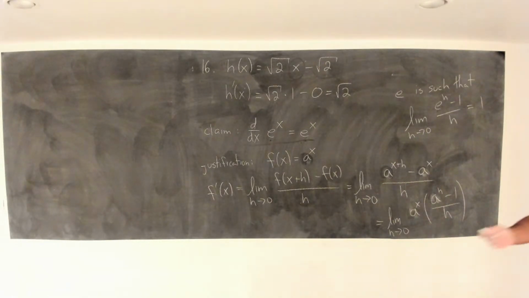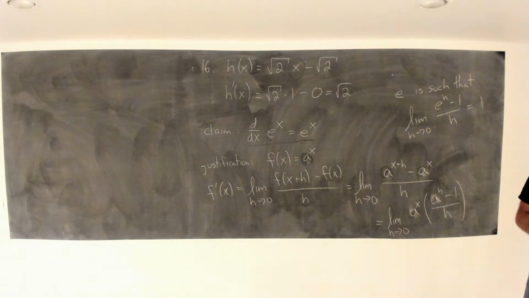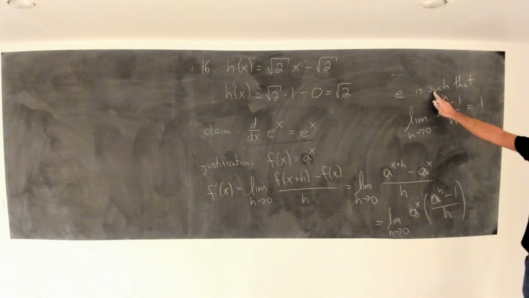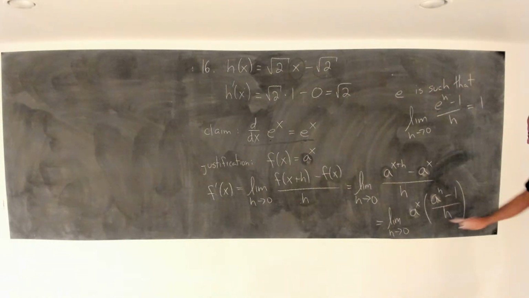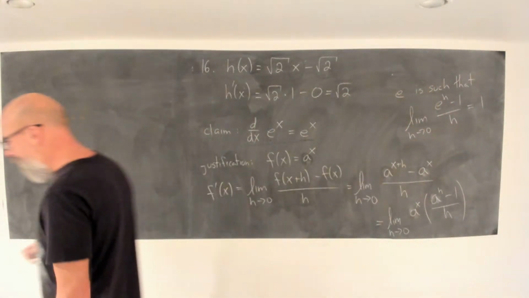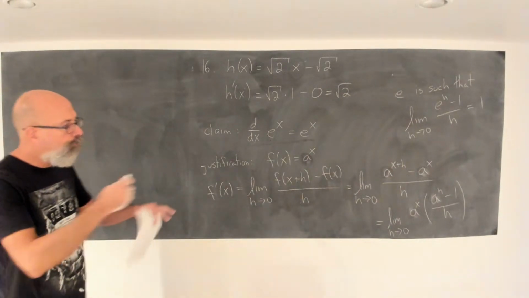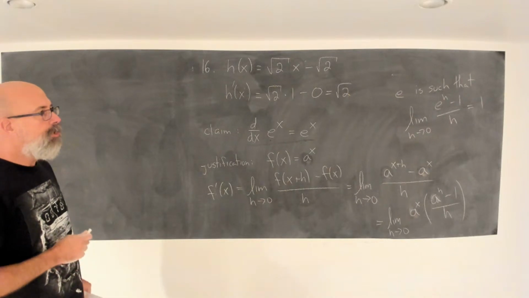If so, then this limit will be a to the x for that value of a. And the answer is, there is. e is that value of a for which this limit is equal to 1. Like I said, you can use that as the definition. You can search for a value of a which makes the limit equal to 1.